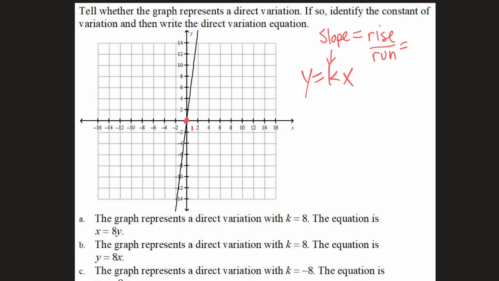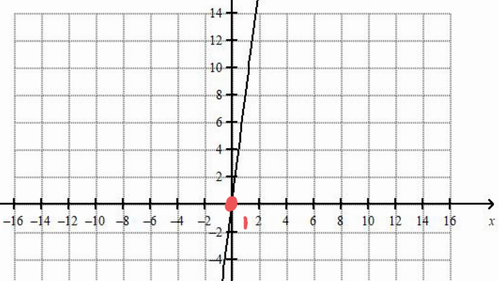Now 1, if I zoom in here, 1 is in between these two right here. So one's about here. And now if I draw a line going straight up there, it looks like the y is going to be 8. There you go. 8. So the rise is 8 and the run is 1.